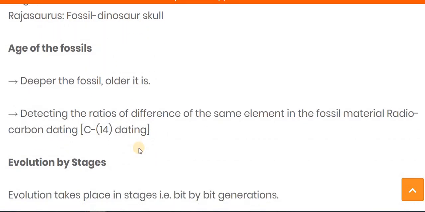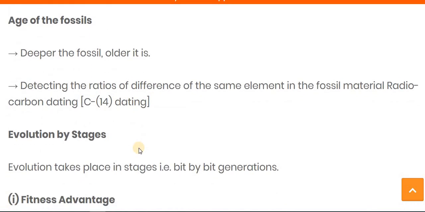Now the next topic is the age of fossils, means how can we determine the age of a fossil, how old it is, how can we know? By a simple process, we can assume that whatever fossils are deeper are older, and a fossil which is at the surface area we can consider new or latest, it is just buried, we can conclude.